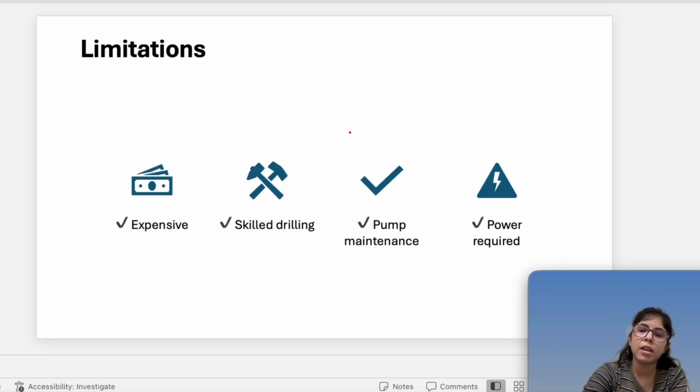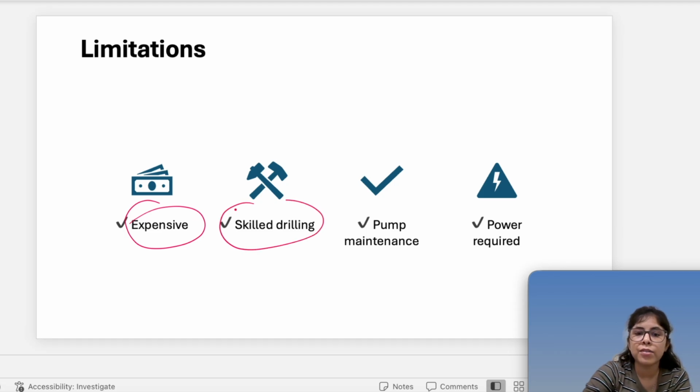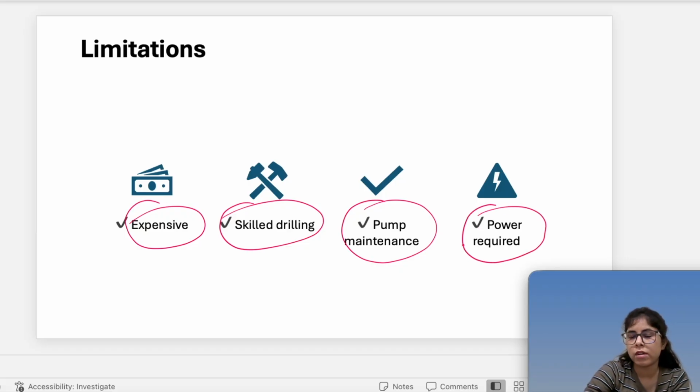But limitations are there: it's expensive, we need skilled drilling, the pump should be maintained, and power is required. You can't operate it without power, and it takes a lot of power.